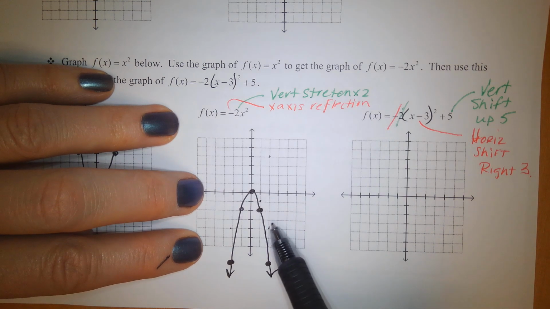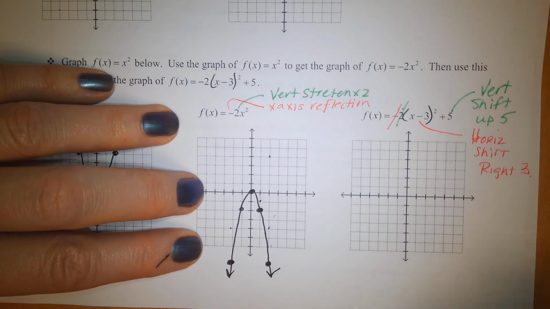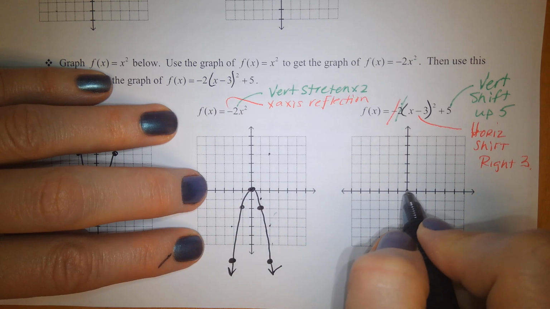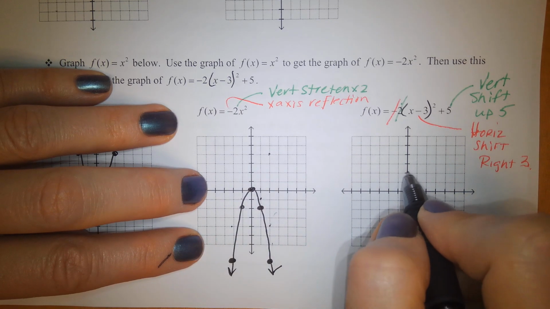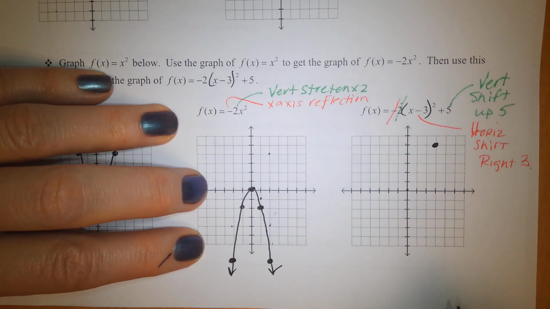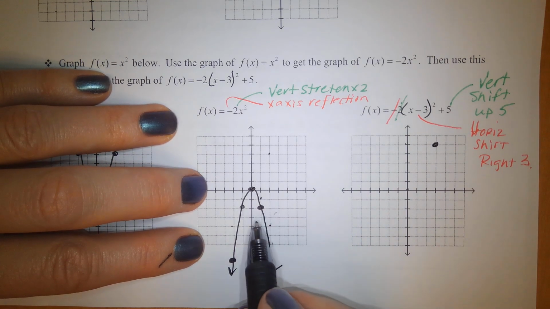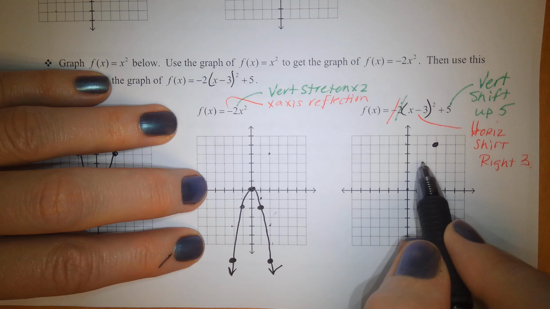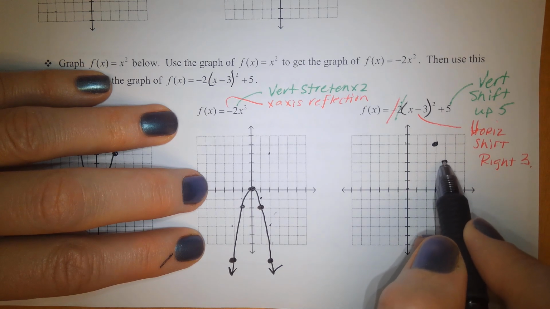All right, so now we're going to take this graph because we already have the reflection and the stretch already taken place. So now we're going to take that graph here and we're going to vertically shift every point up 5 and right 3. So let's take the origin and let's move it up 5 and right 3. So now this is going to be the top of my parabola. This point at 1, -2 will also go up 5, right 3.